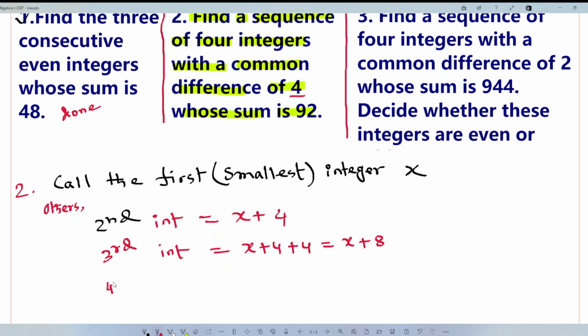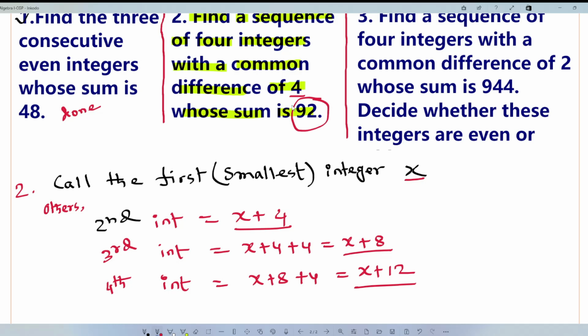And fourth one, here is x plus 8 again plus 4, it means x plus 12. So x, x plus 4, x plus 8 and x plus 12, the summation is 92.